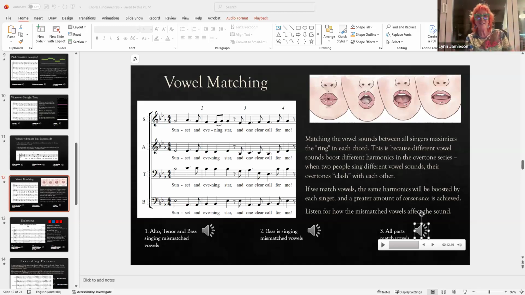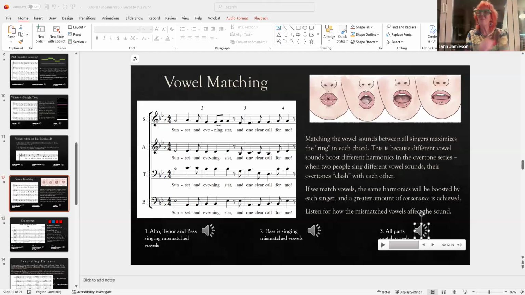You know, and it will almost throw a whole lot of other factors in there as well, that will sound not quite synced, and then it will sound not quite this and not quite that as well if your vowels aren't matched. So I think trying to get everybody to say the same thing at the same time is a huge thing to try and do.